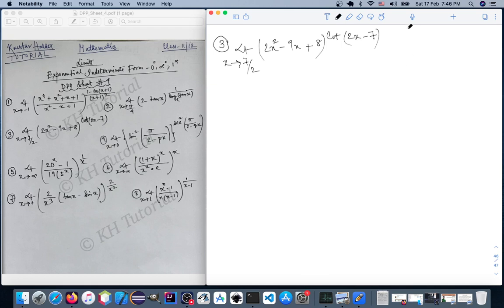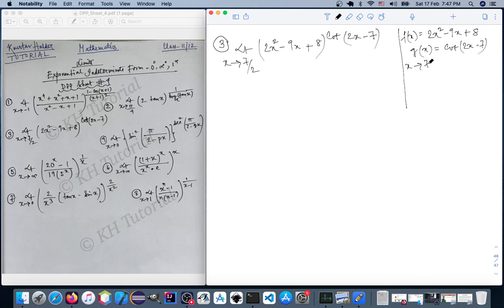So f(x) is 2x square minus 9x plus 8. g(x) is cot of (2x minus 7).